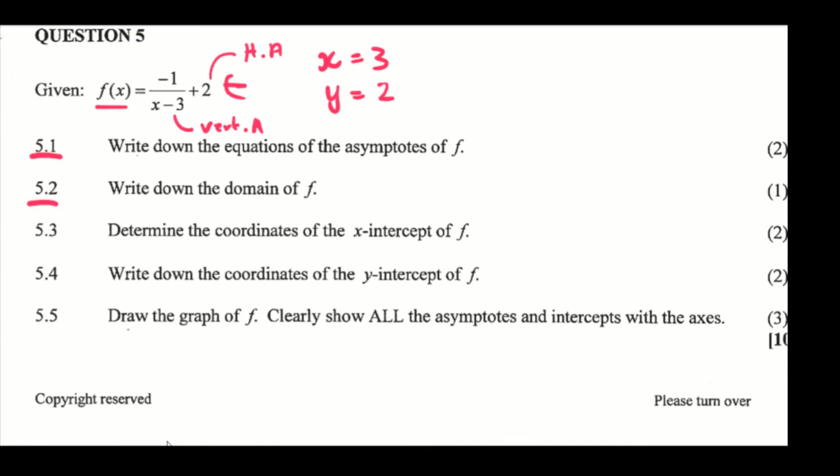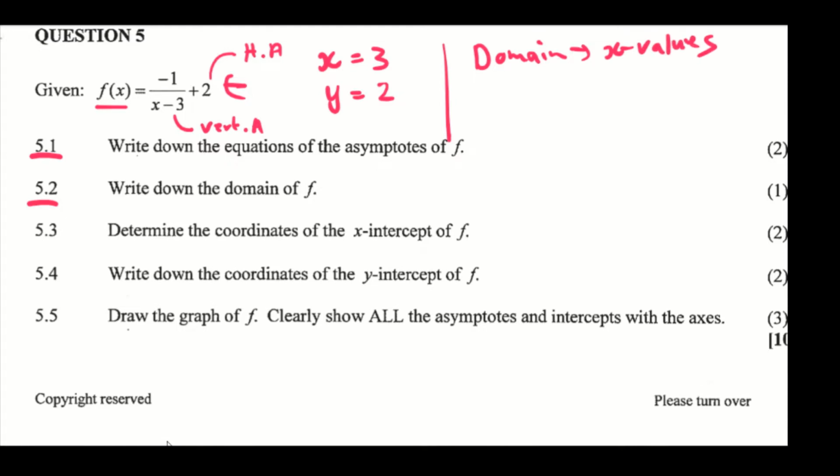5.2, write down the domain of f. So with regards to the domain of the hyperbola, you simply remember I said in previous question papers, for anyone who just watched me for the first time, the domain, we're looking at the x values, right?